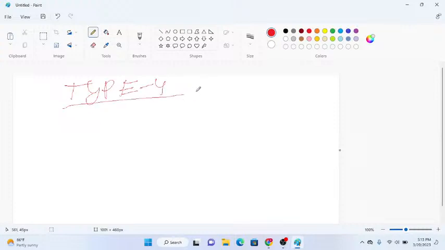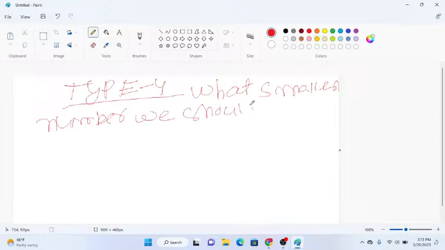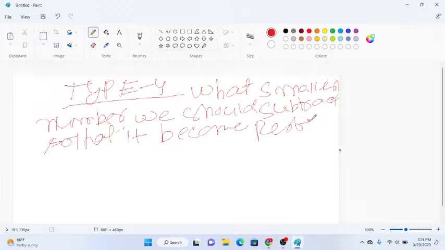In type number 4, what is the smallest number we should subtract so that it becomes a perfect square? Okay.